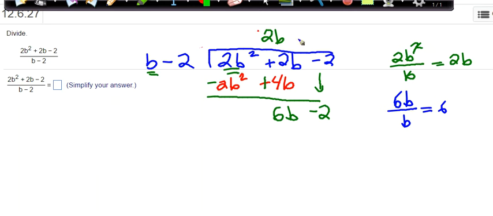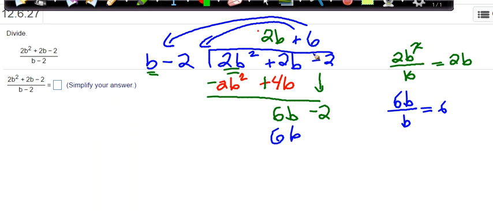So we're going to multiply by b minus 2 times 6. So 6 times b is 6b. 6 times minus 2, well, that's a minus 12. I'm going to change my signs, draw the line, and add. And I notice that I have a remainder of 10.